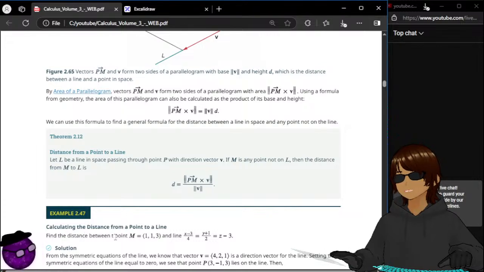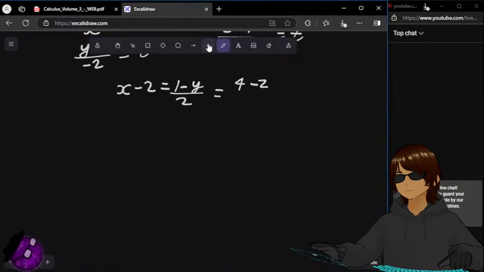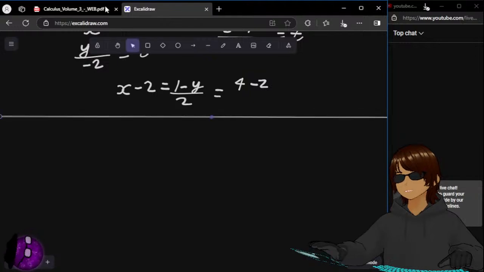Find the distance between point M, 1, 1, 3, and the line x minus 3. Wait, hold on. So we have example 2.47.